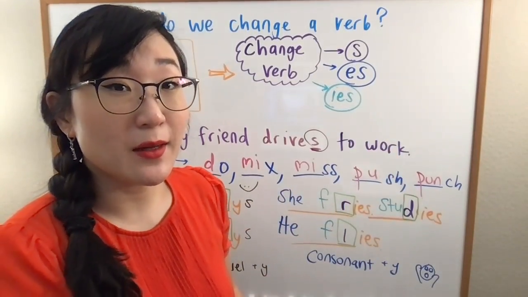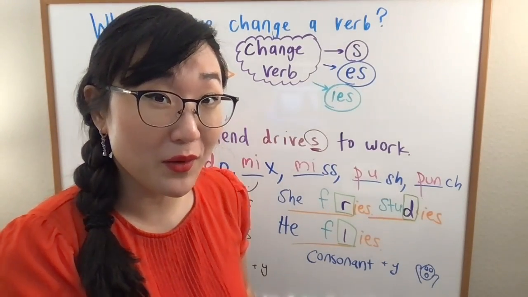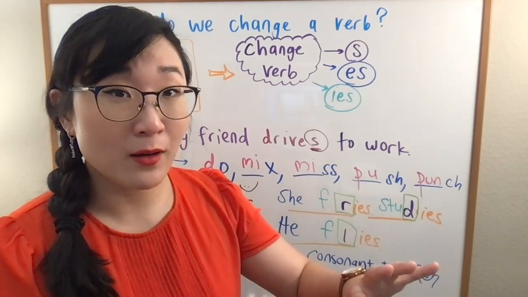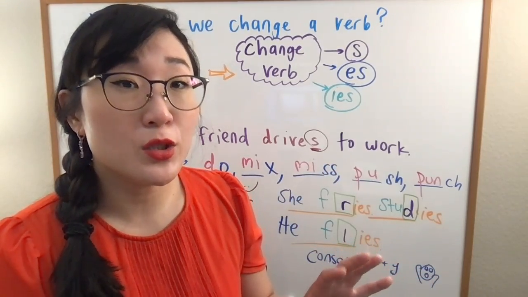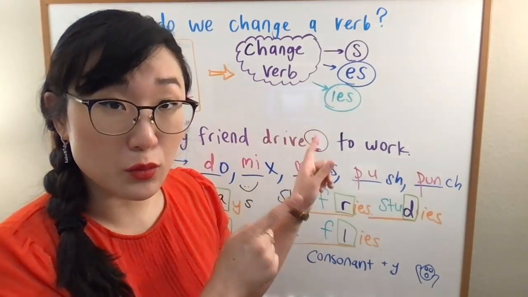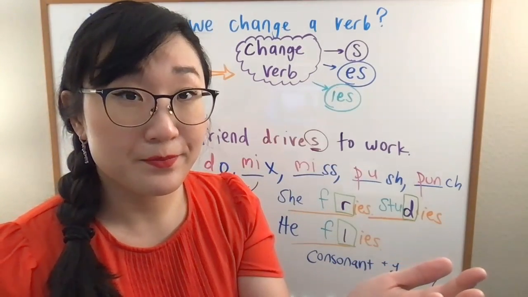If you need more practice with this, please let me know and I will include another video. But for right now, this video is just to explain how we use these rules for verbs and for nouns.